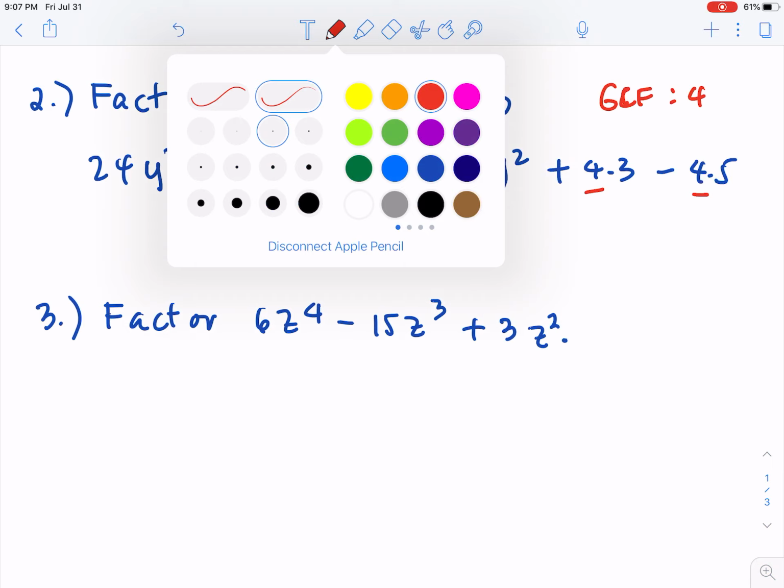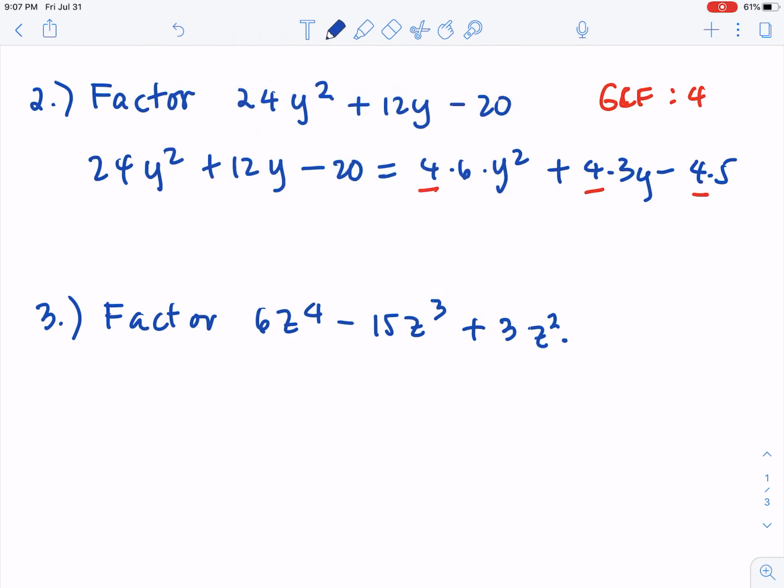Question. Ang y ba ay common factor? Pwede ba natin ilabas yung y? Answer is no, no? Bakit? Kasi yung 20 natin dito, wala siyang y. Wala tayong ma-extract dito pag nag-extract tayo ng kaniyang factor. Kaya ibig sabihin, hindi pwedeng y, 4 lang yung pwede natin ilabas.